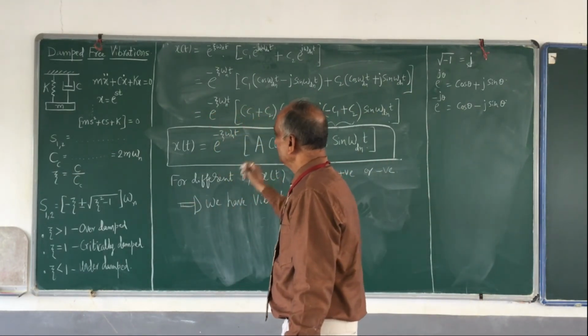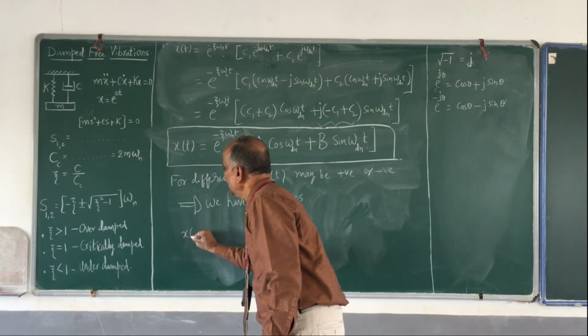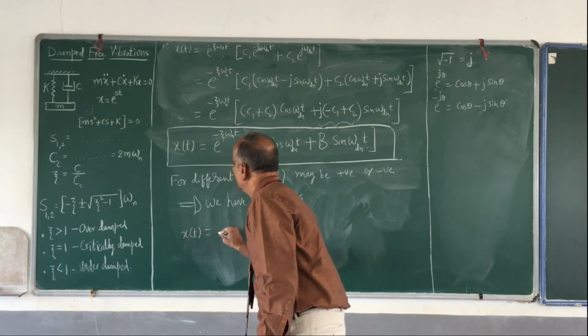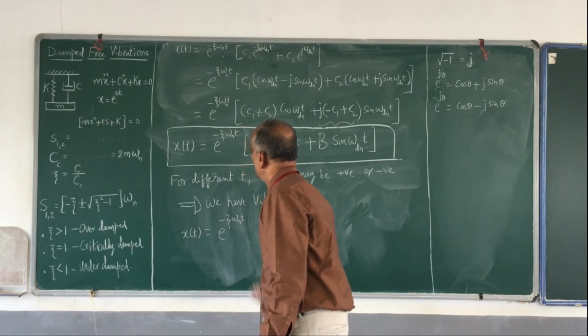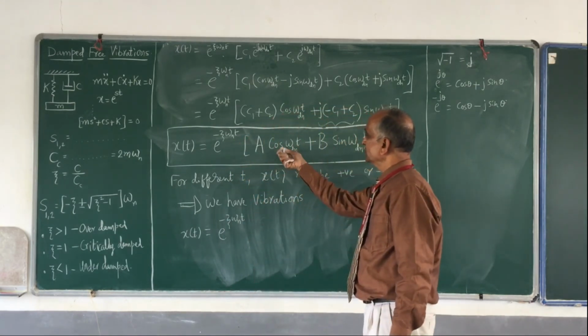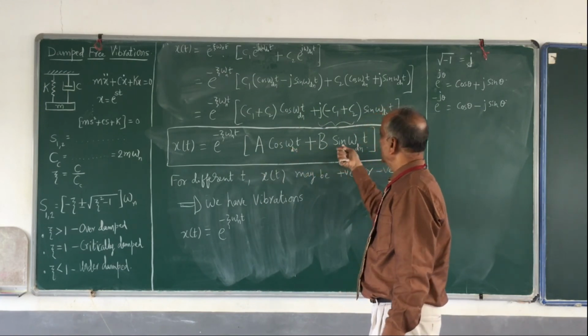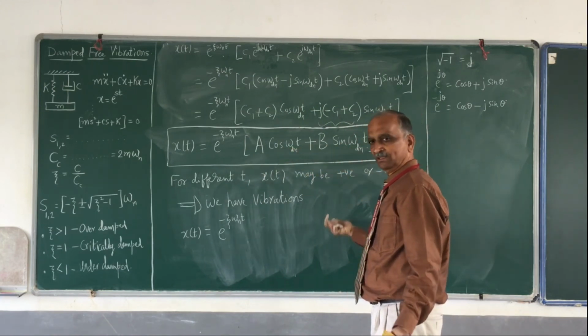The same equation x of t can also be written as e raised to minus zeta omega n into t, with cos of omega dn into t and sin of omega dn into t.